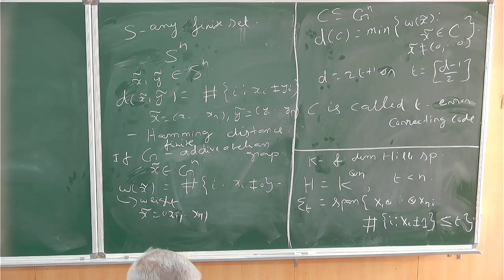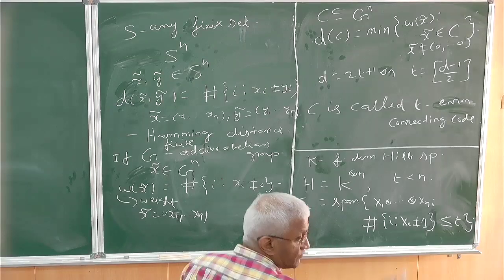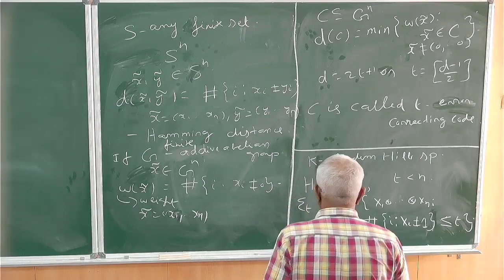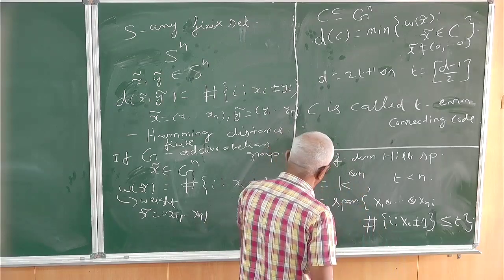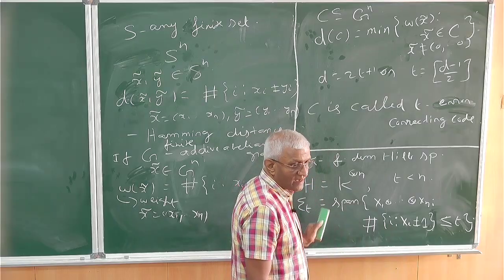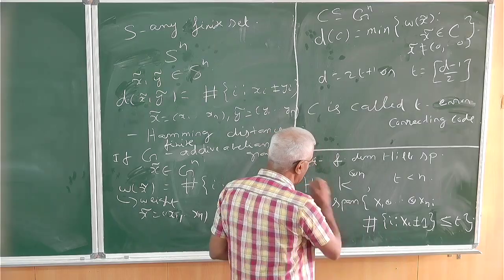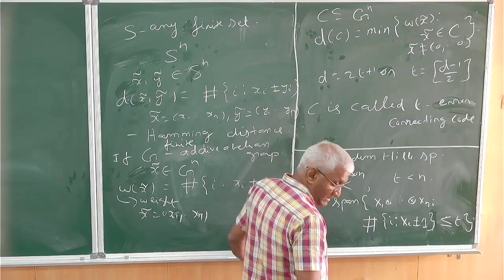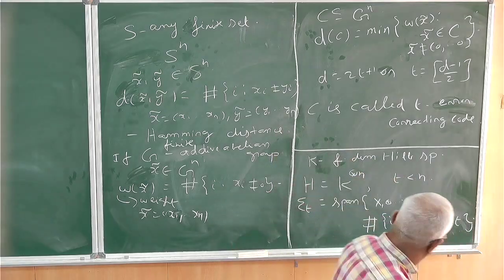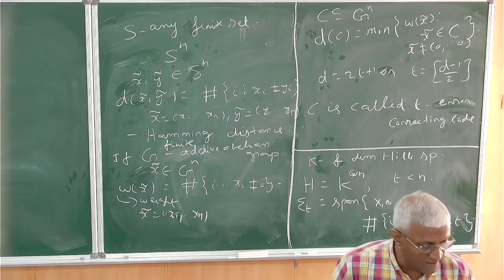Everywhere else it should be identity. Of course, we have to take the span, it's a vector space. This is what is called the T error correcting space, the error space. Now anything which corrects this is called a T error correcting code.